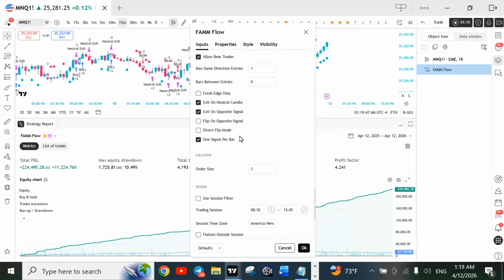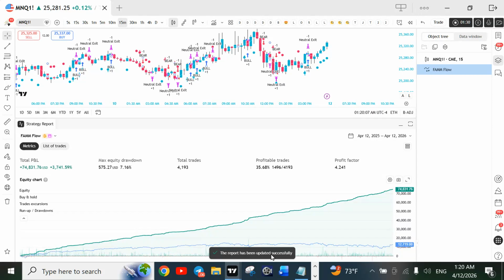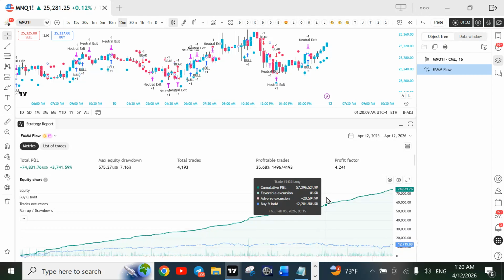So if I go to the inputs, scroll all the way down, you see order size right here. So this order size is really 3. So pay attention to that and make sure that this is the number that you actually want it running on. You might want to put that down to a 1 to do your first test and make sure everything is hitting the right way. So that would be good.